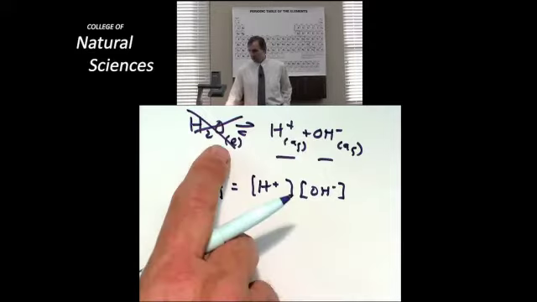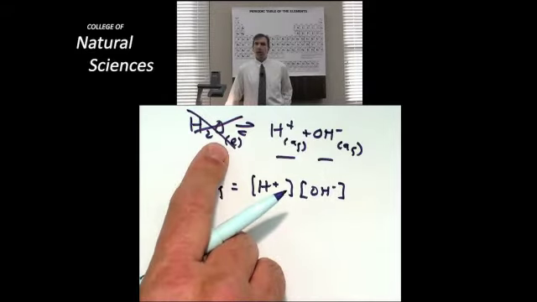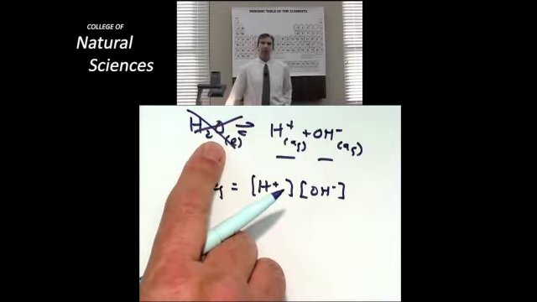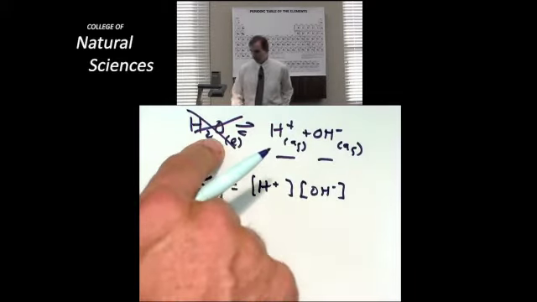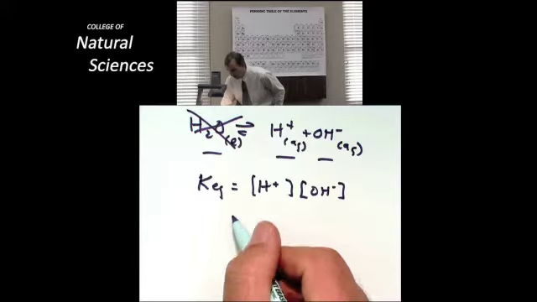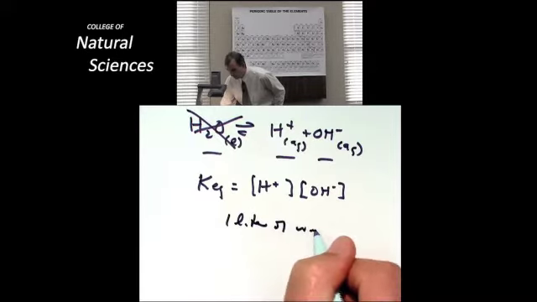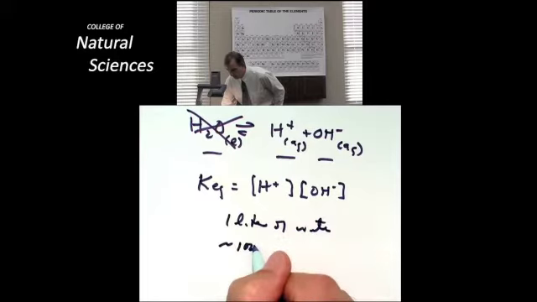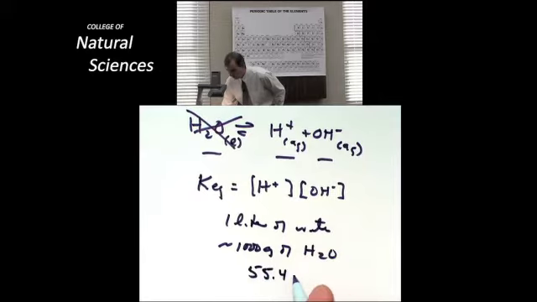It turns out that pure liquids, like water in this particular case, have a constant concentration. You can figure out that constant concentration, and we'll do this later on. But basically, if I have a liter of water, that's about 1,000 grams of water, which is about 55.4 moles of water, which means that I have 55.4 molar water.